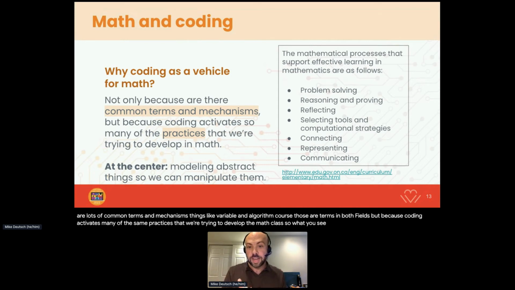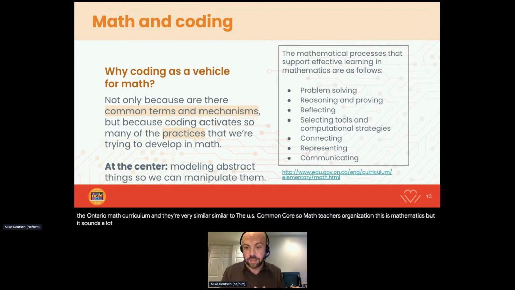So what you see on the right-hand side are practices from the Ontario math curriculum, and they're very similar to Common Core and NCTM, which is a math teachers organization. This is mathematics, but it sounds a lot like what we want to teach in computer science and computational thinking.